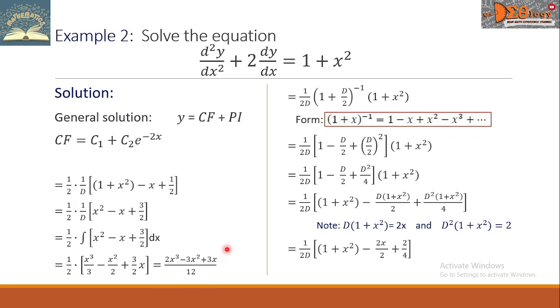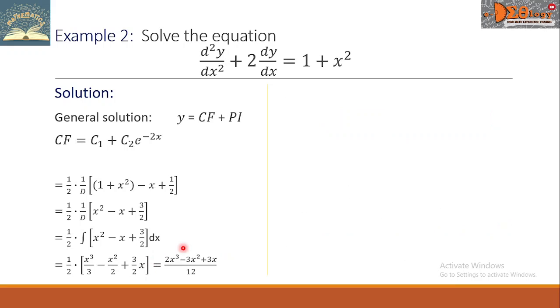This is the value of PI, which means for the final answer, we simply combine the CF and the value of PI. The CF value is here, plus the PI value we just copy here.